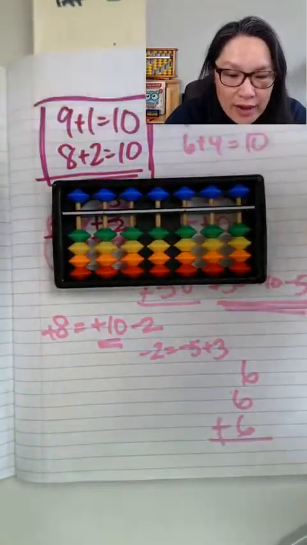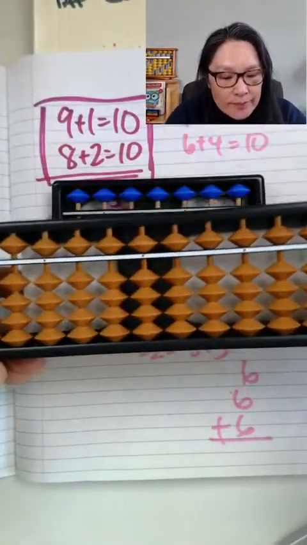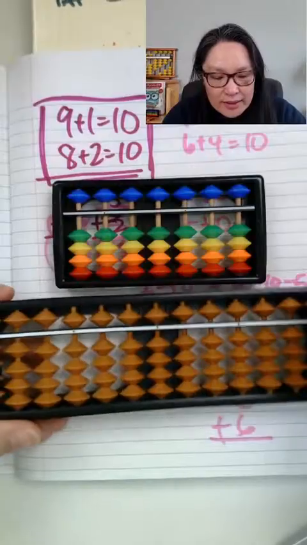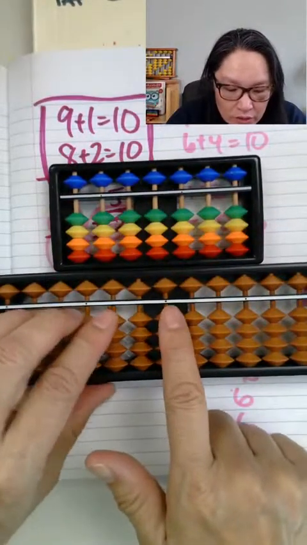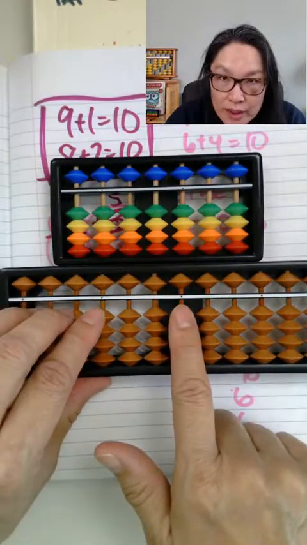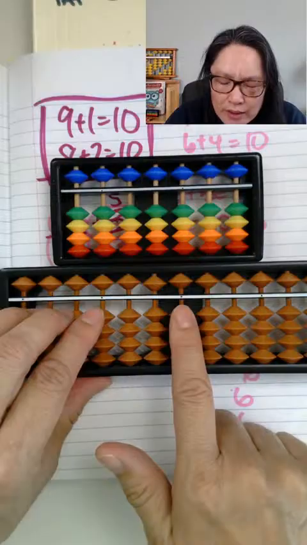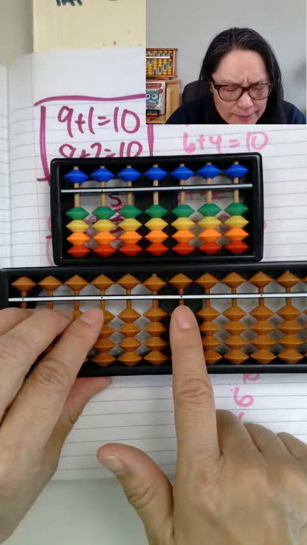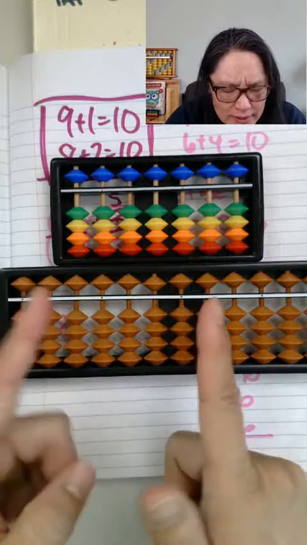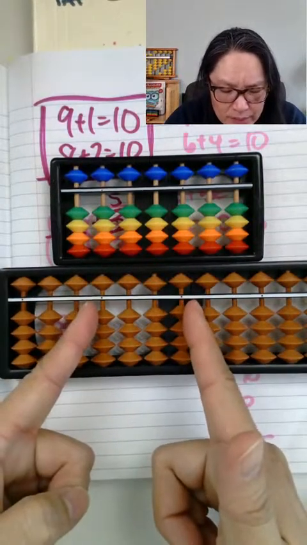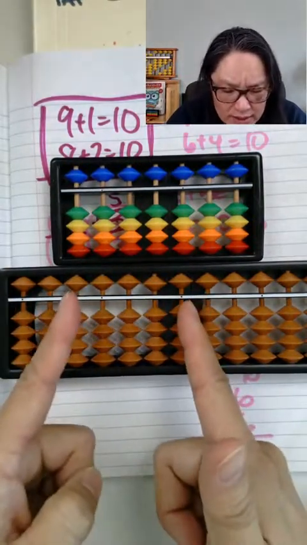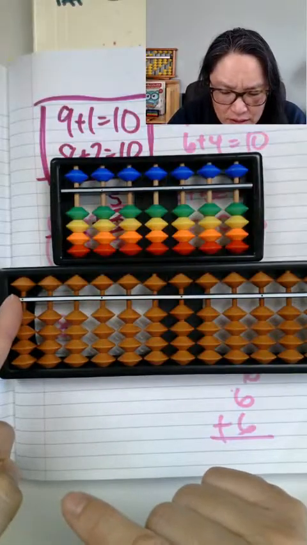If I have a bigger abacus, like this 13 column one, the way the dots are positioned, they're grouping, they're separating the groups. So we have our ones and our thousands, and then this is our millions.